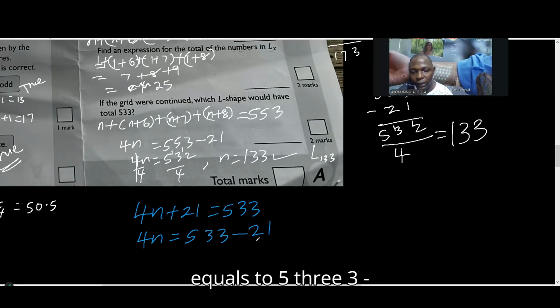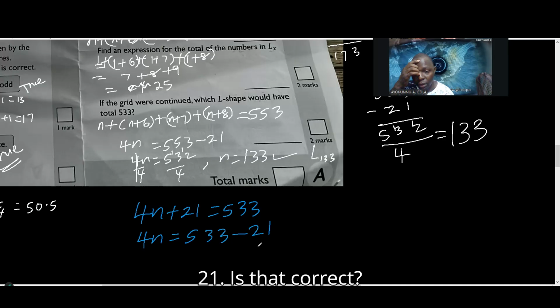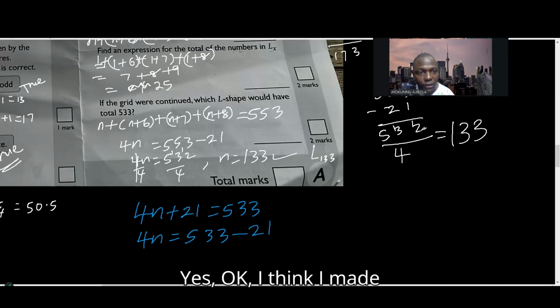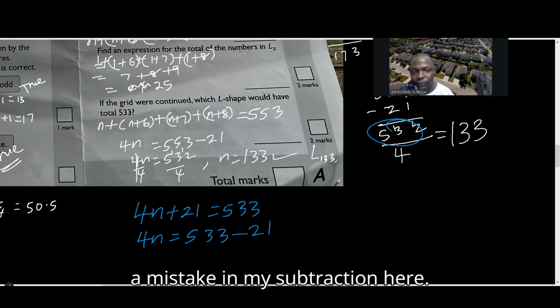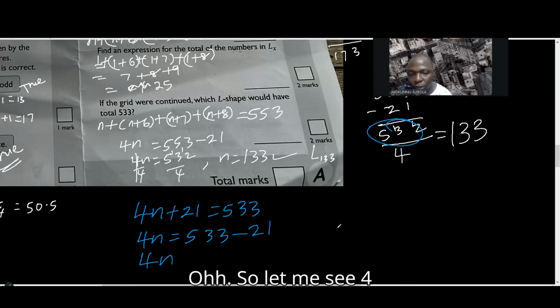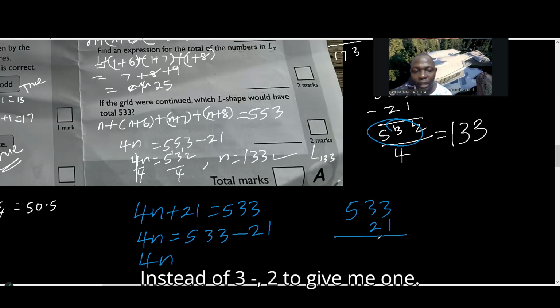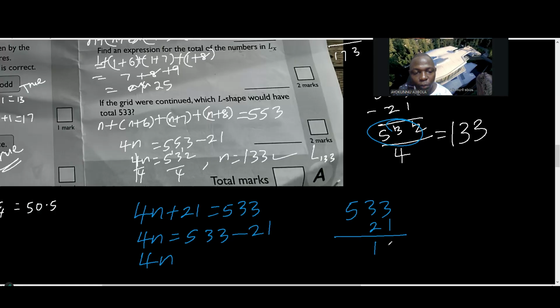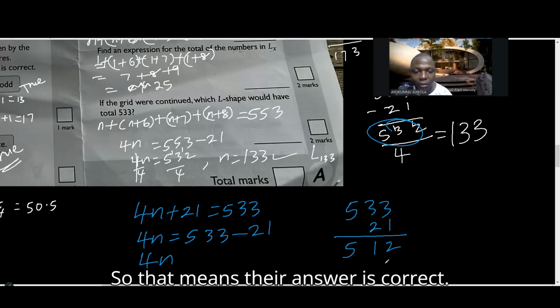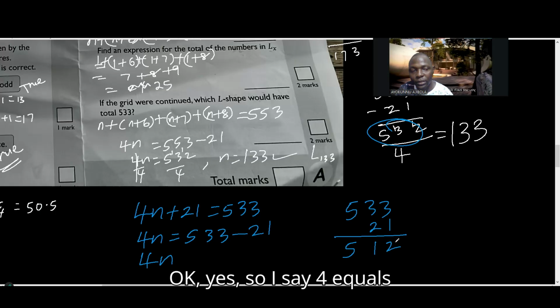I think I made a mistake in my subtraction here. Let me see. It should be 5 minus 2 to give me 1, so their answer is correct. So 4n equals 512.